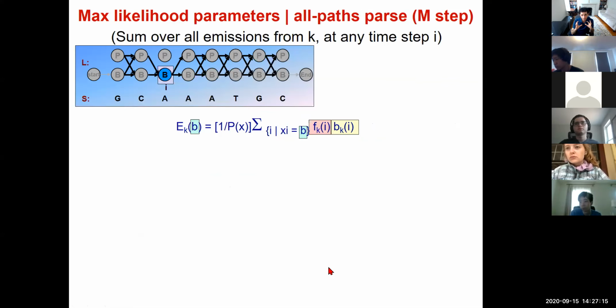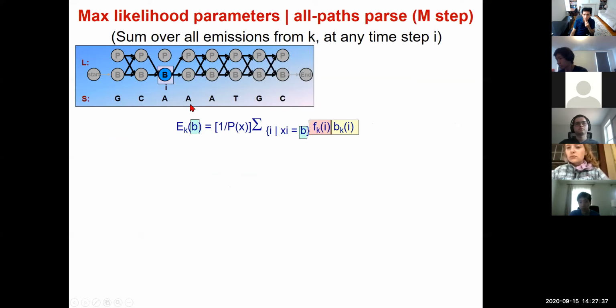So let's get down to it. So how do we estimate the total probability of emitting character B from state K? It's super trivial. We basically calculate the forward algorithm and the backward algorithm at every position.